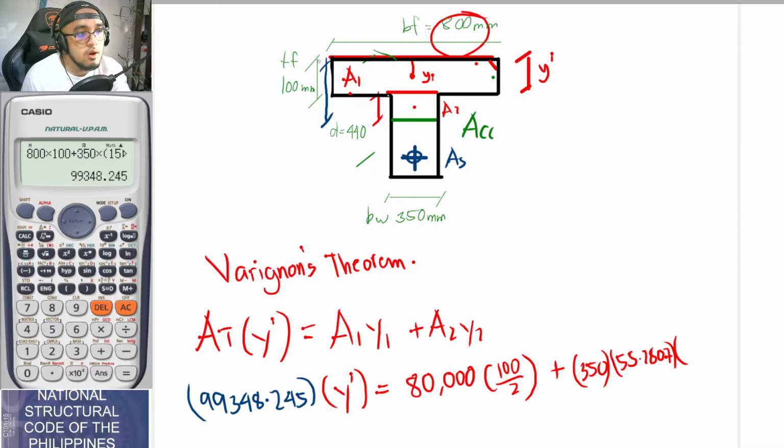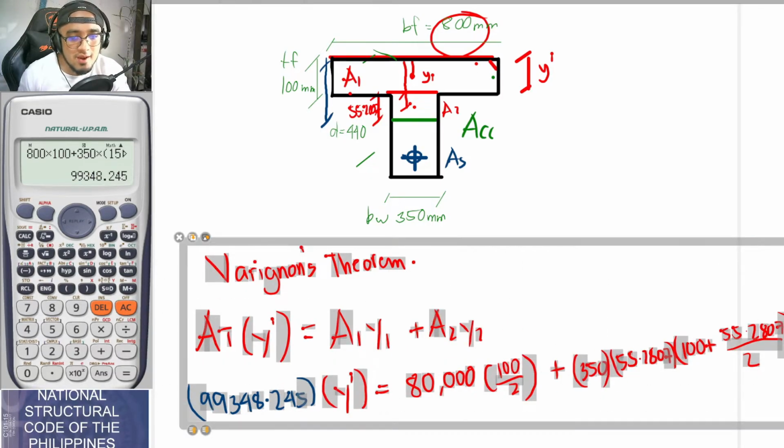So 100 mm, because that is this. So this is 100 mm plus this distance divided by 2, and this distance is 55.2807. So 100 plus 55.2807 divided by 2. Okay, so that is for Varignon's theorem.